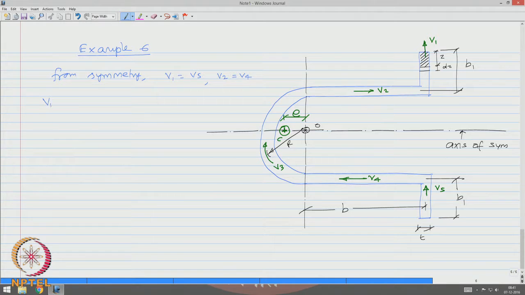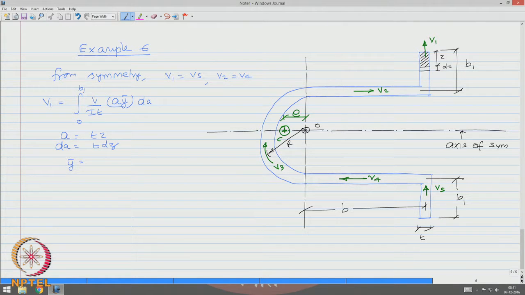So, V 1 will be integral 0 to B 1 of V by I t A y bar d A. In this case, A is going to be t into z. Therefore, d A is t d z, and y bar, the distance of the fiber from the axis of symmetry.